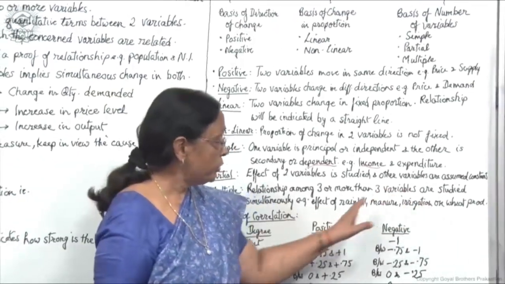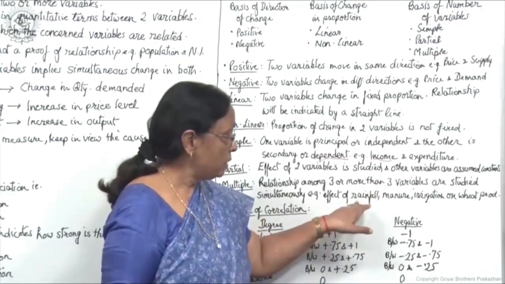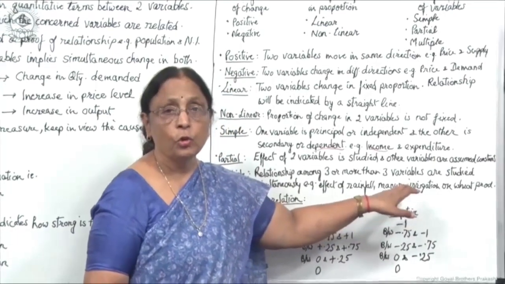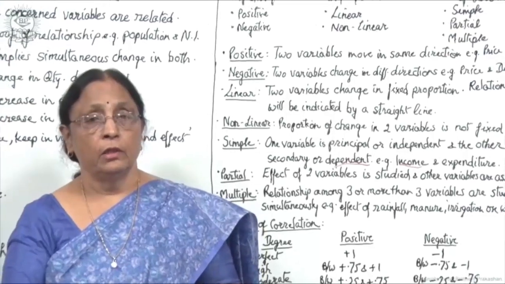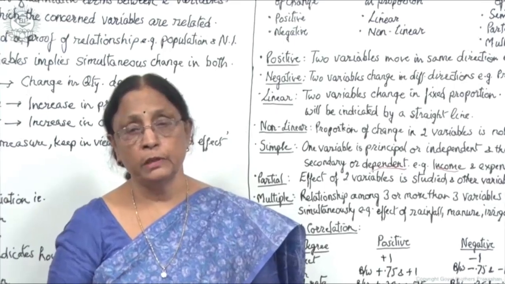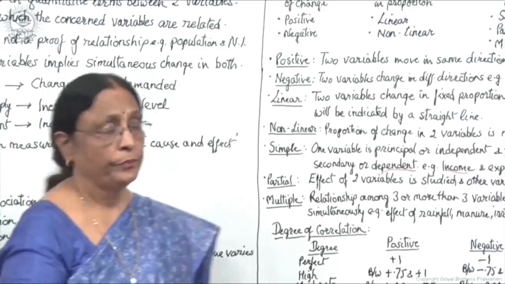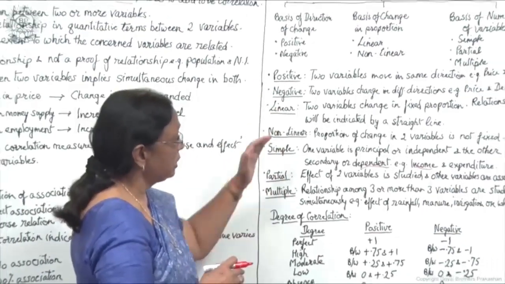These variables may be three or maybe more than three. So when a study is made about the correlation between three or more variables, that is known as multiple correlation, right? So you have followed all these types of correlation. These are the main types.